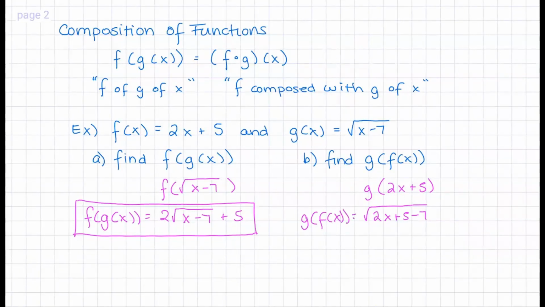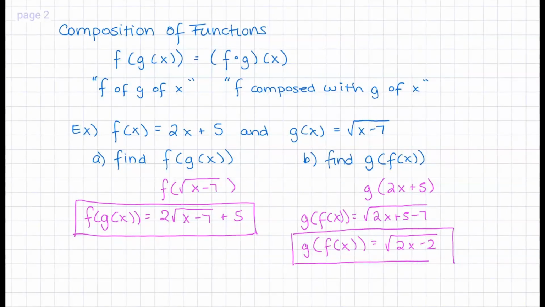Now in this case we can simplify it just slightly, because I can simplify what's inside and say 2x minus 2. And voila. We're done. So that's composition. That's really the idea of it. Now there's a little more information about them.